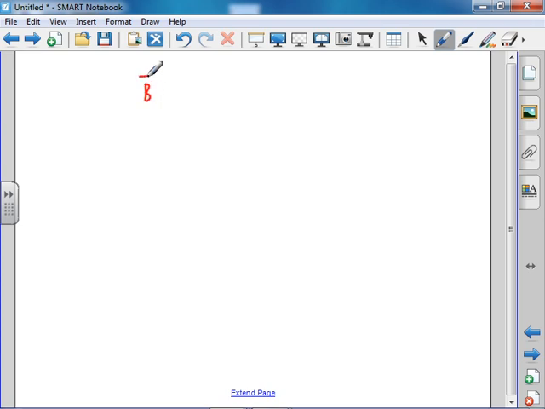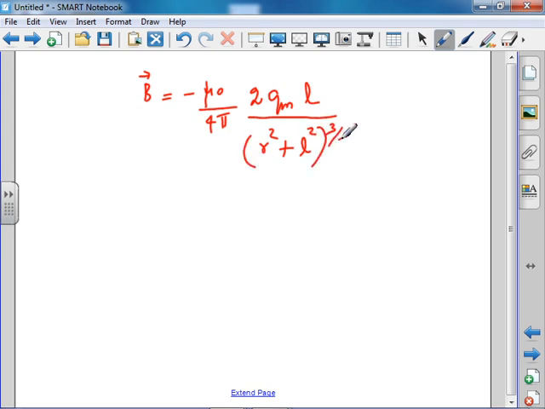So what would the expression be now? B vector is equal to minus mu naught by 4 pi. I am just rearranging: 2 Qm L divided by r squared plus L squared, the whole power 1 plus 1 by 2, so the whole power 3 by 2. So remember that Qm into 2L is equal to Pm.